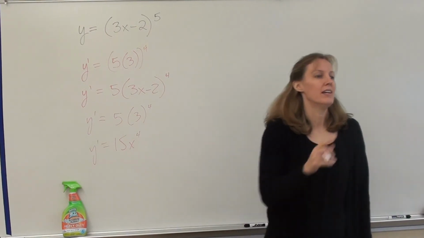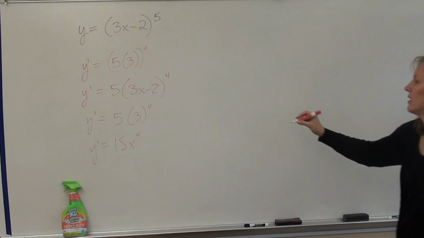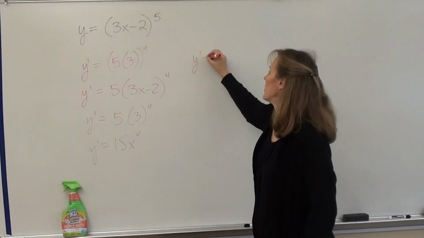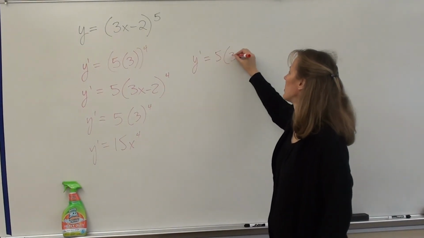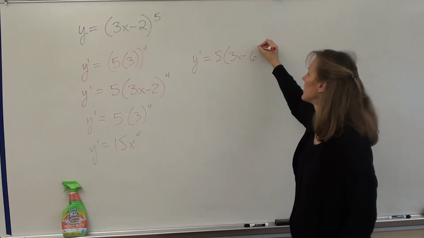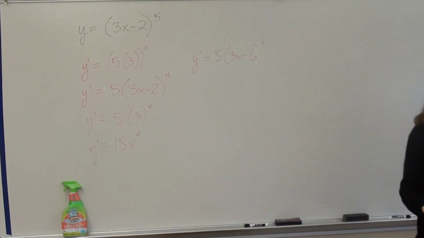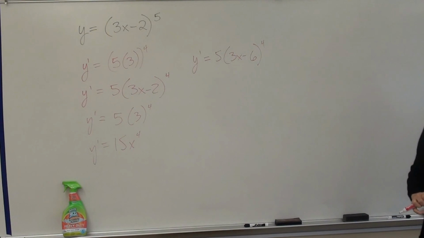Yes, Ryan. 5 times (3x minus 6) to the 4th. 3x minus 6? You want to tell me how you got that? I found the derivative of the original parentheses.